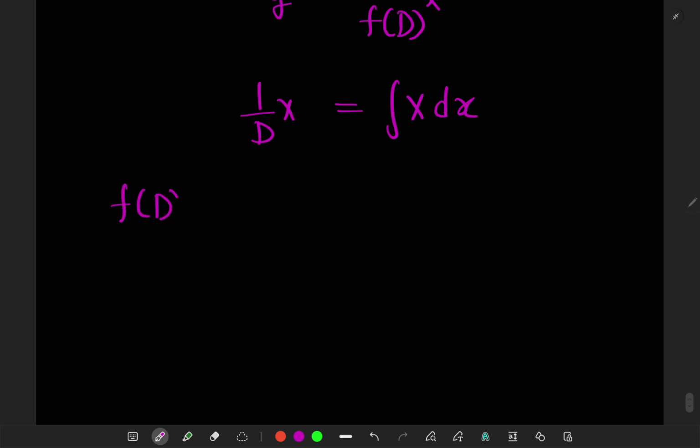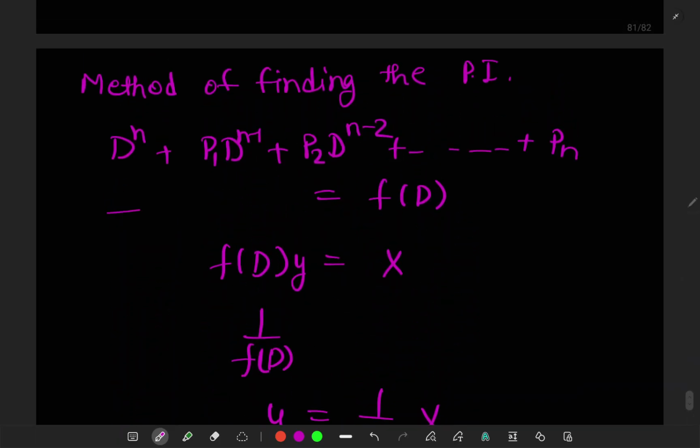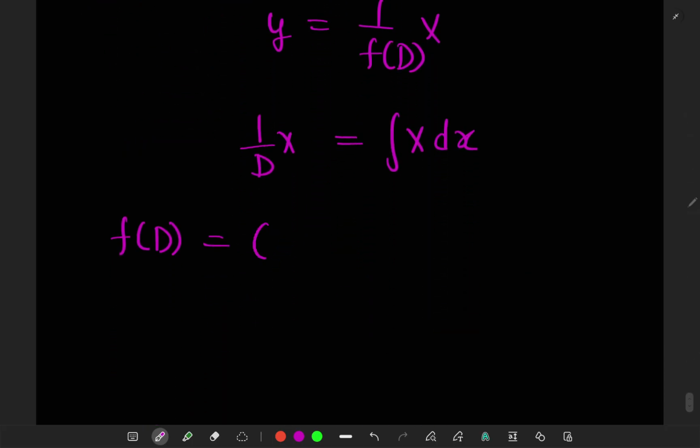Now the value of f(D) is equal to this equation, so we can write like that, where m1, m2 up to mn are their factors or their zeros.